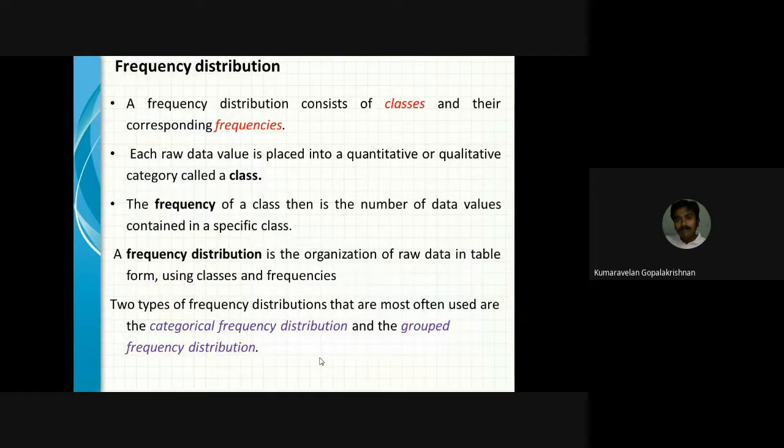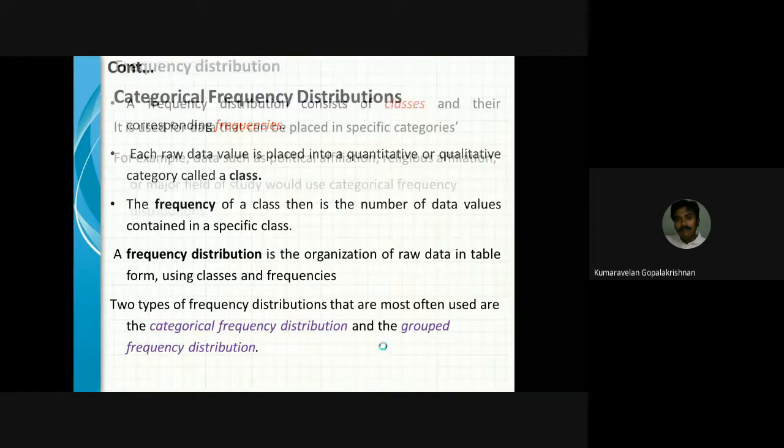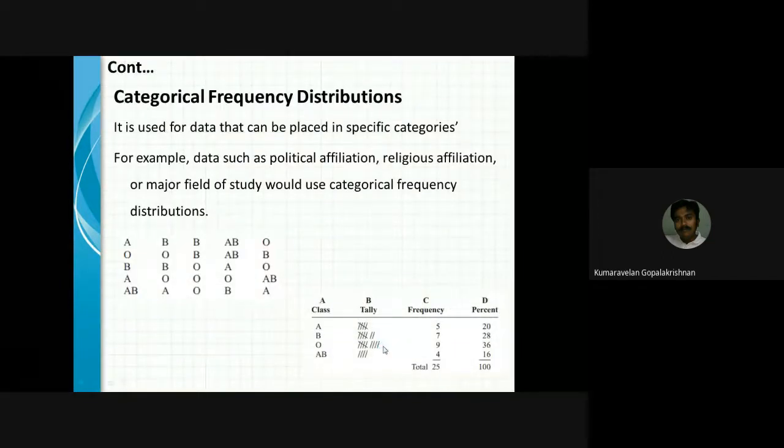Now I am going to explain how to do this frequency distribution, that is, assigning classes to each data value, through two techniques: categorical frequency distribution and grouped frequency distribution. First, I will explain categorical frequency distribution.